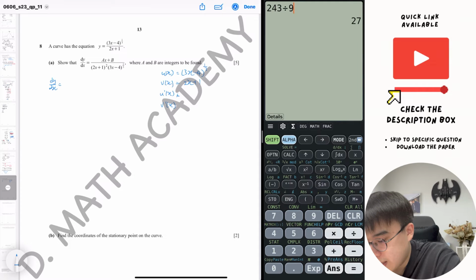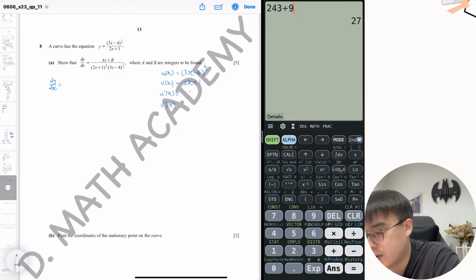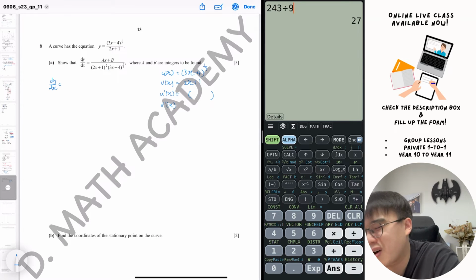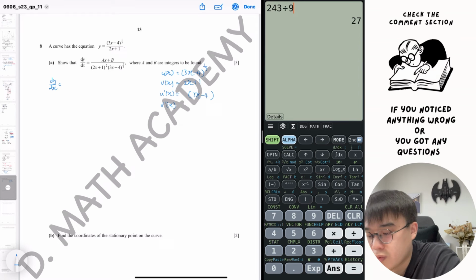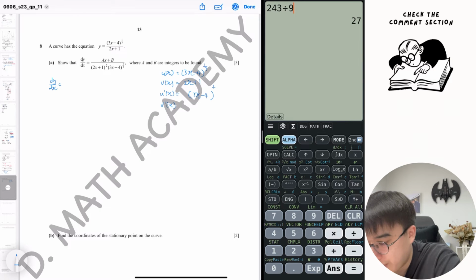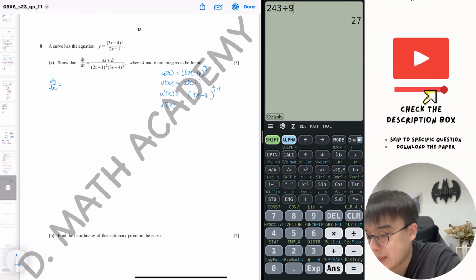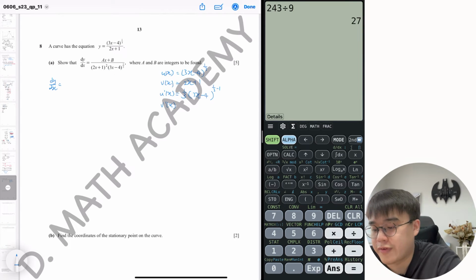The next thing that I have here is a chain rule, or I like to call it a bracket rule. So whatever was inside the bracket will remain unchanged, but the power will be minus by 1, and you transfer the power out first.